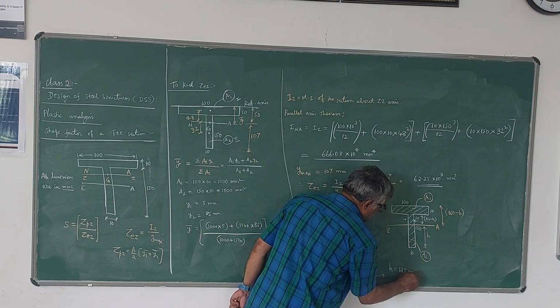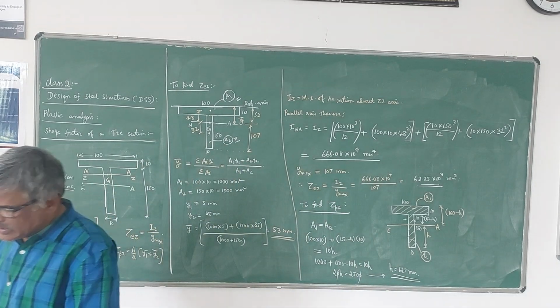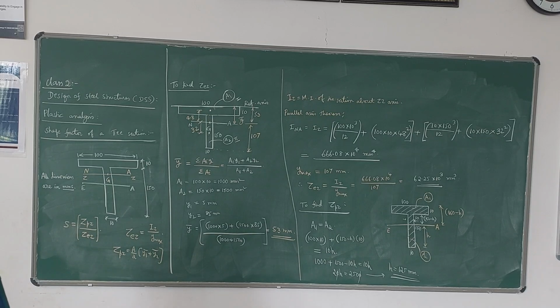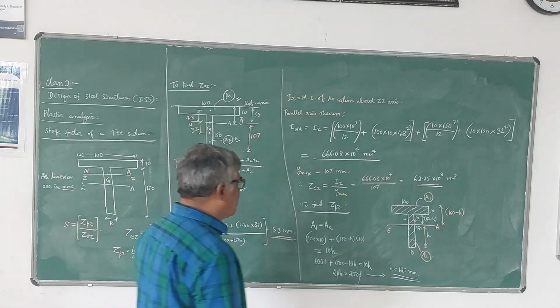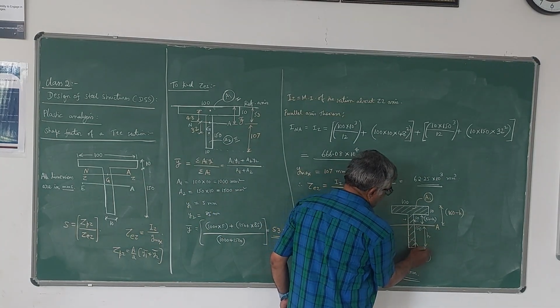So the h value is 125. That means the equal area axis is at a distance of 125 from the base.